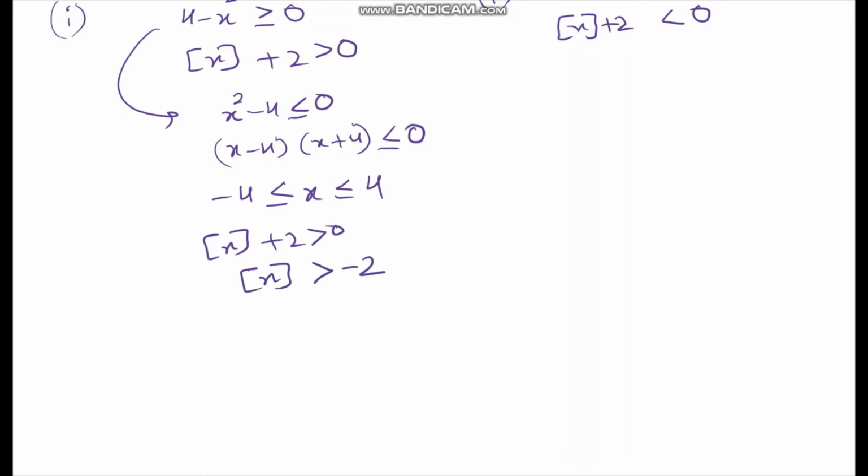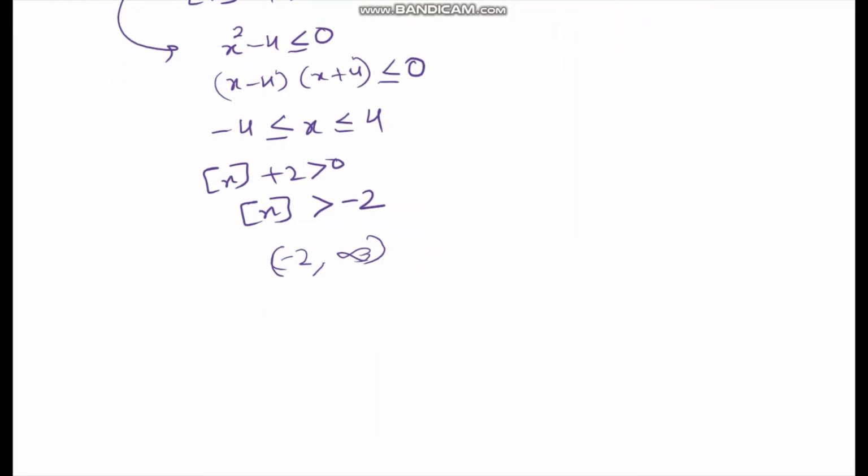Step x is more than minus 2 for all the values from minus 2 to infinity. From minus 2 to infinity, I'll be getting the values more than minus 2.